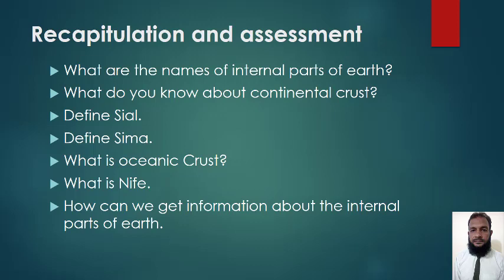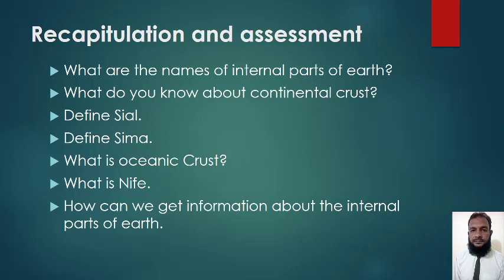What do you know about continental crust? Continental crust is also known as Sial because continental crust is made up of two minerals, silicon and aluminium.